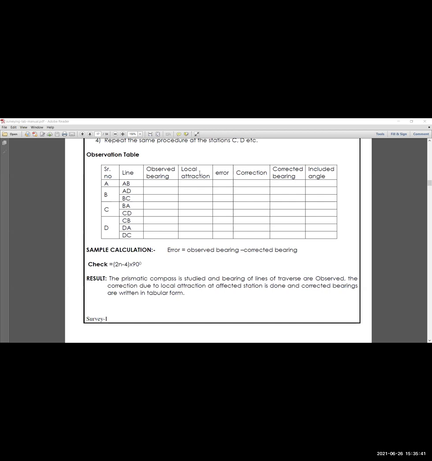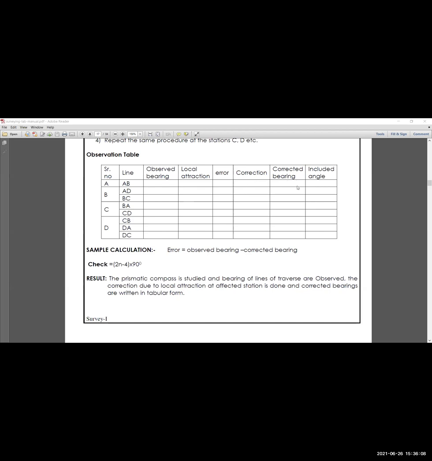The second column is about local attraction. The third column is about local error, that is the difference between back bearing and forward bearing if not equal to 180 degrees. Then the correction applied, either method 1 or method 2.